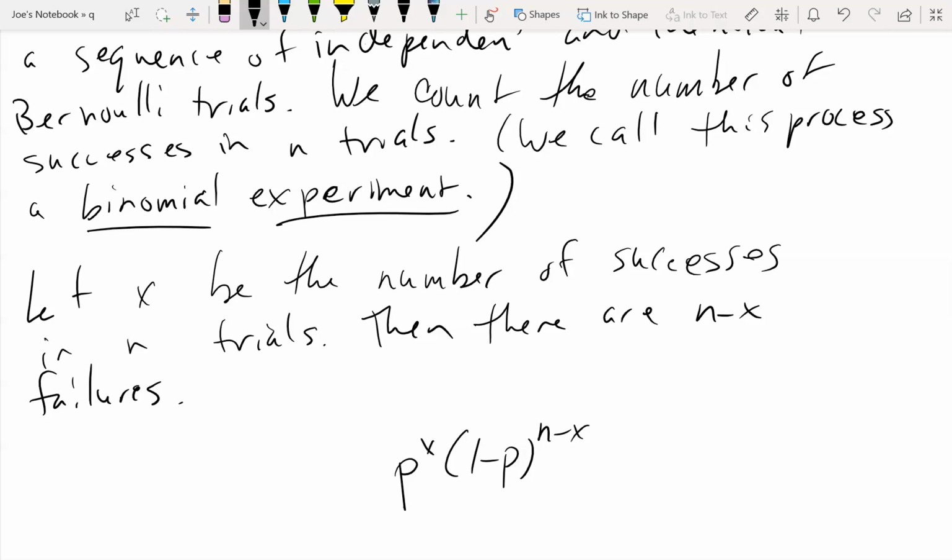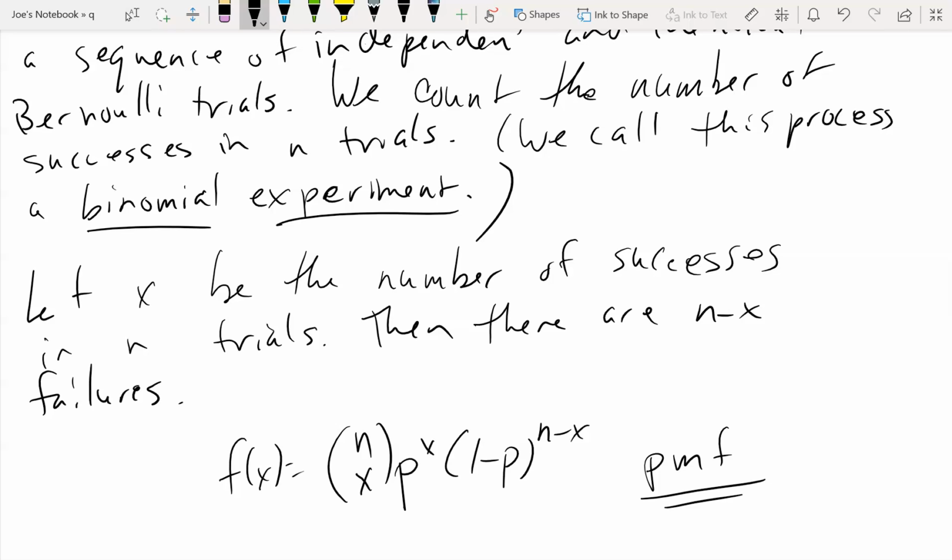As a matter of fact, from those 5 positions, I want to choose exactly 3 of them to place the heads. How do I count that? 5 choose 3, right? So in this case, in front of this, we would get an n choose x. So this will be your PMF for a binomial distribution.